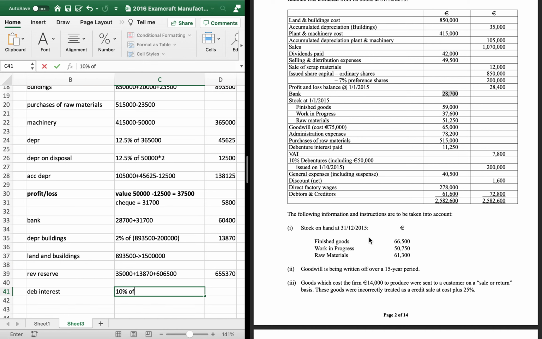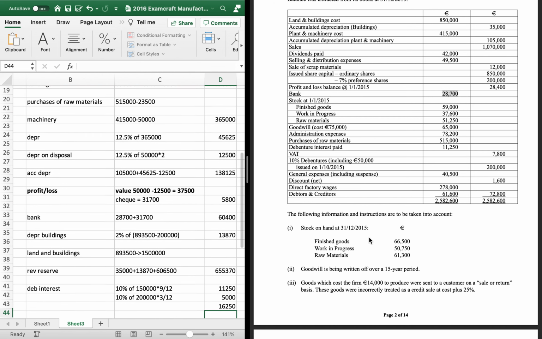So it's going to be 10% of 150,000 for the first 9 months, and then 10% of 200,000 for the last 3 months. We just add them together. 16,250 is our debenture interest.